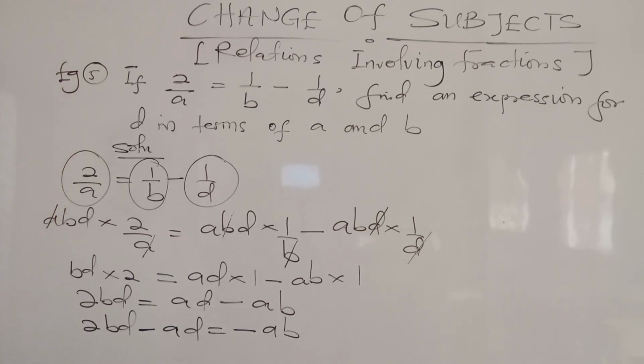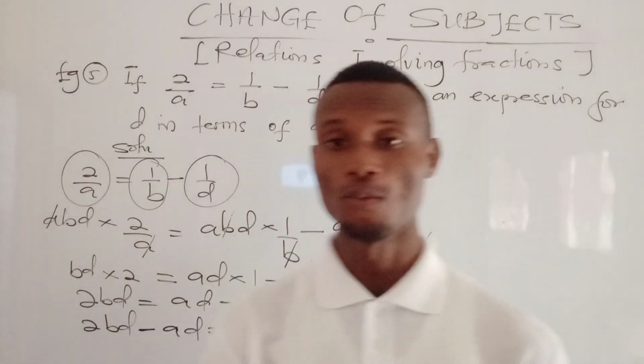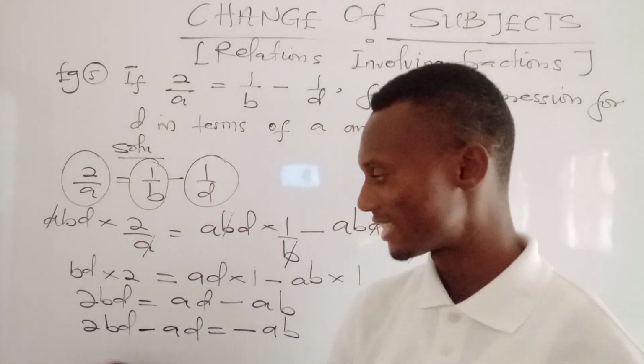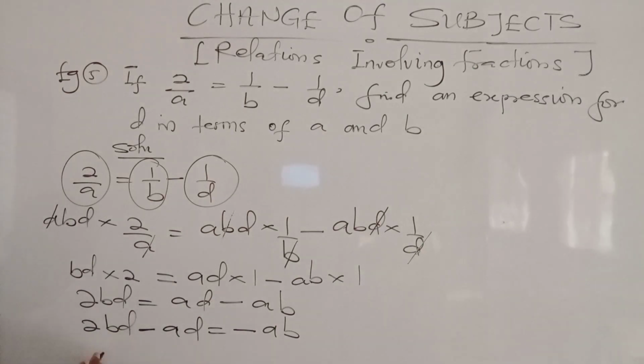From here, for us to get our D out of this expression, we need to apply the factorization that we've learned. I've taught you factorization, so we are going to apply that to get D out of this expression. So let's factorize D out. Then I'll bring my bracket.